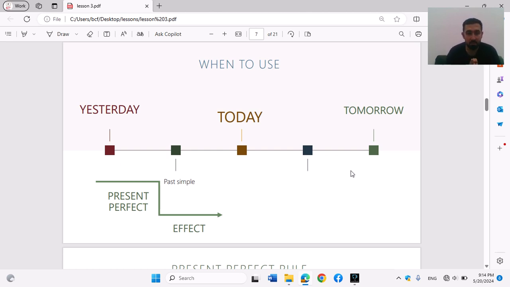When you talk about present perfect, it's something that happened before, but the effect continues. Okay? You did something before, but the effect is continuing until now. Past simple is not like that. Past simple is something that you have done before, and that's it. The effect ended at that point.